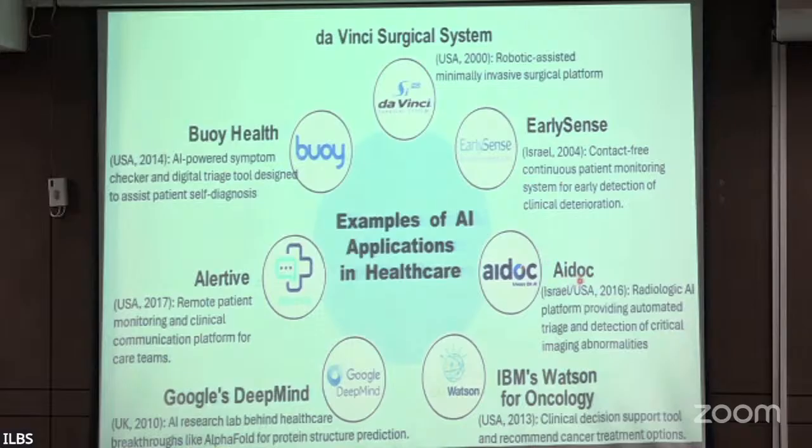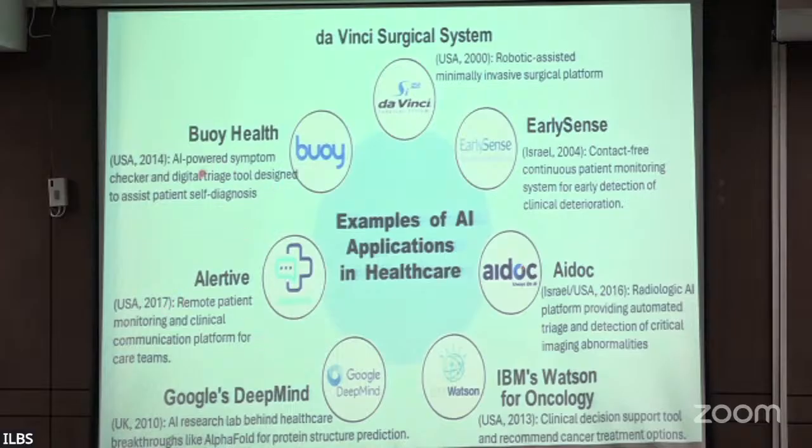EarlySense and AIDoc are clinical monitoring systems for diagnostics and abnormality detection, for monitoring of continuous variables or maybe in radiology. These are from Israel, and the rest of all these things are from the US, and in the last 20 years maybe all are coming out.